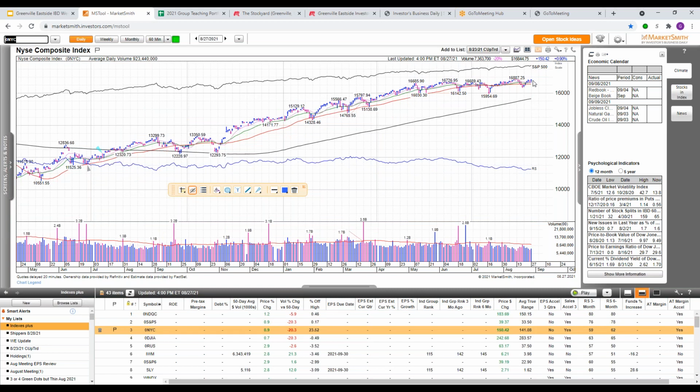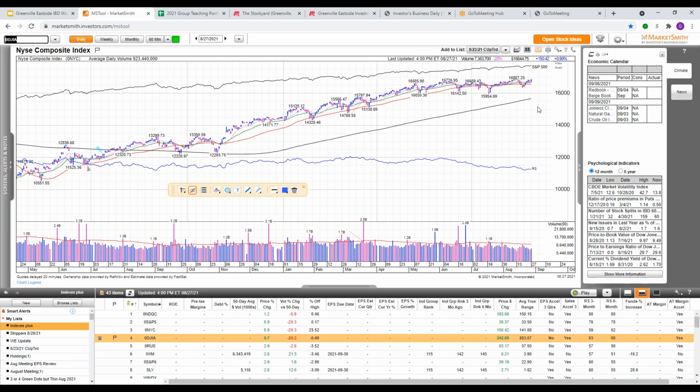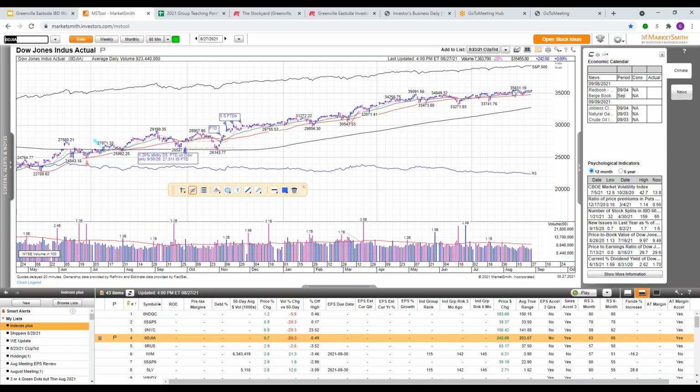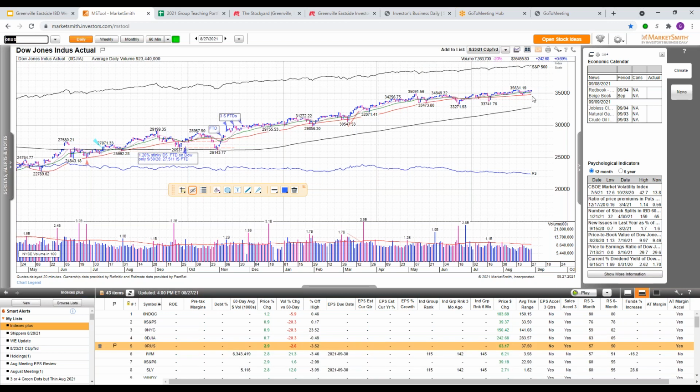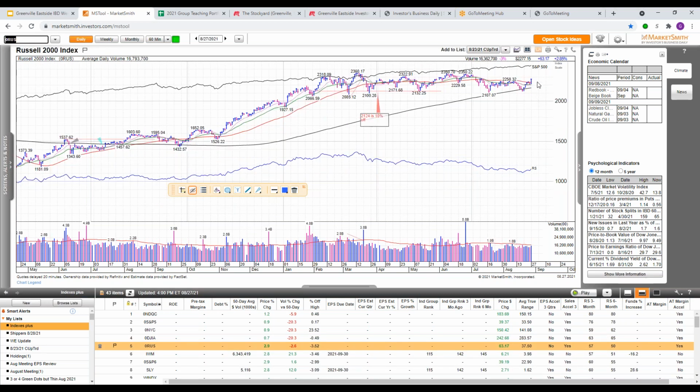NYSE, not quite as good, but trying to get back to all-time highs. Moving average lines are getting in the correct order. Dow, a little flattish, ran into a little bit of resistance, but it's fine. No problems with the moving average lines or anything. And then finally, particularly on Friday, the Russell sort of came to life. It closed down here under the 200-day, which was worrisome.